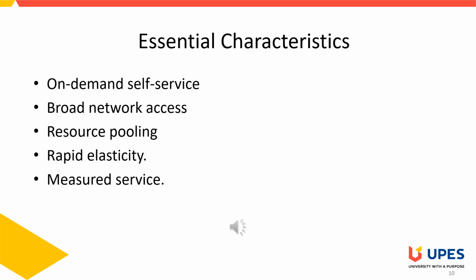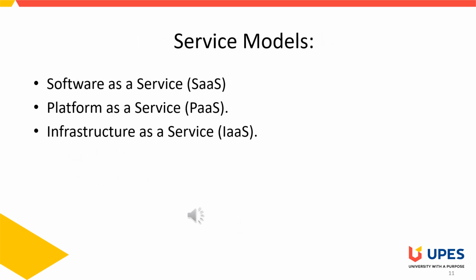Essential characteristics. Software as a service, SaaS. The capability provided to the consumer is to use the provider's applications running on a cloud infrastructure. The applications are accessible from various client devices through either a thin client interface, such as a web browser, for example, web-based email, or a program interface.